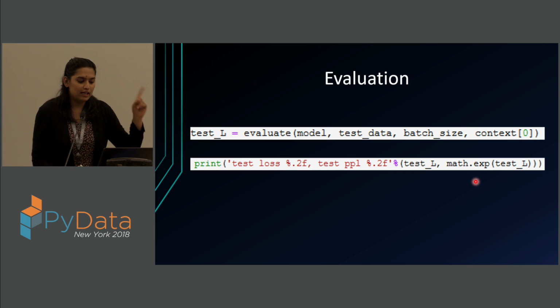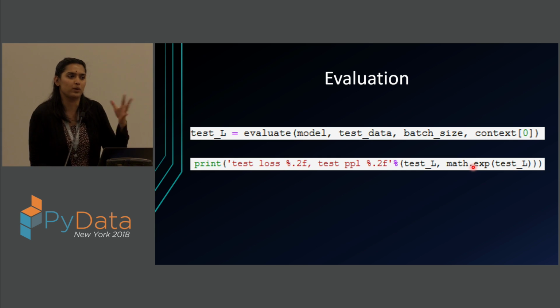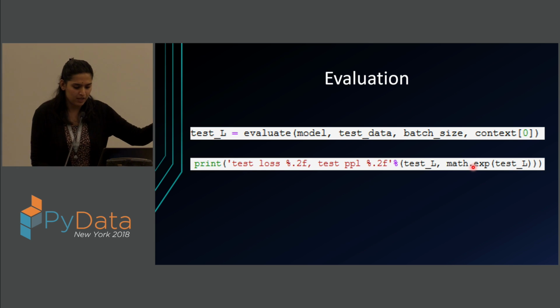That was one line of training, and this is one line of evaluation. This is where the test loss comes from. The evaluate method basically returns the test loss, and that is where we calculate the perplexity from. The perplexity is the standard way of evaluating how good your language model is. Essentially, minimizing perplexity can be seen as maximizing the probability, so less perplexity makes for a better model.